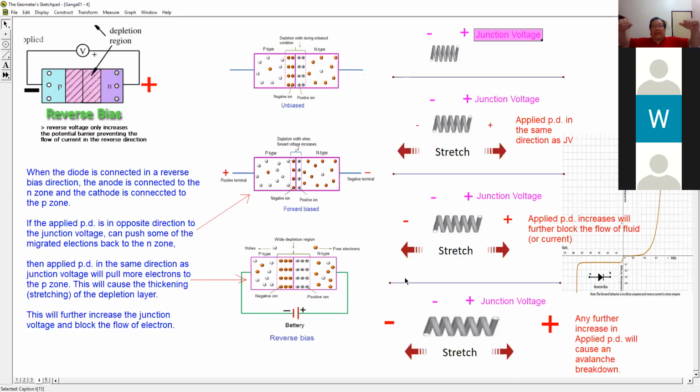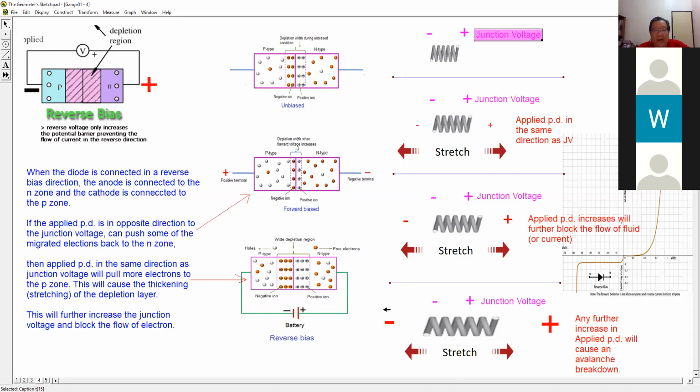Now, do you expect the external potential difference to push? No. But if you reverse the polarity, the positive and negative terminals, you don't expect them to exert the same type of pressure that is compressing them. If in the forward bias you are compressing them, in the reverse bias you are stretching the spring.